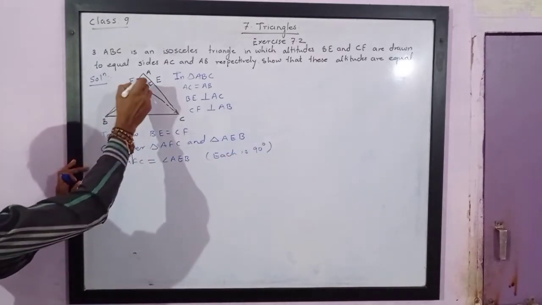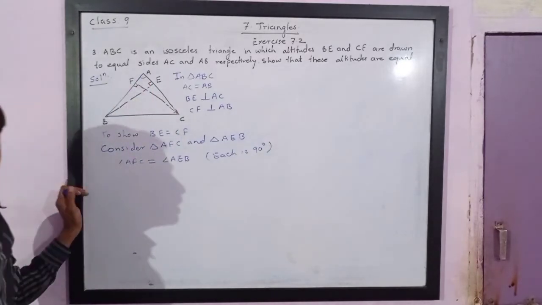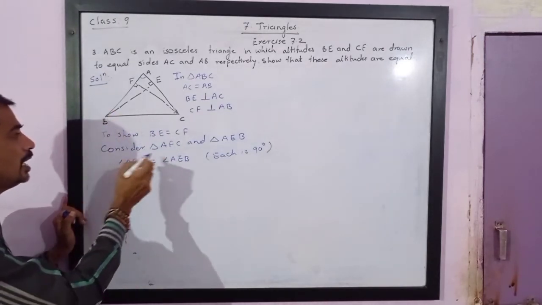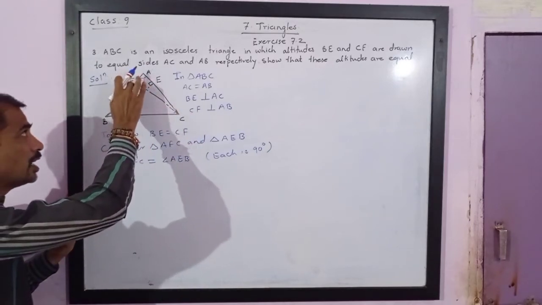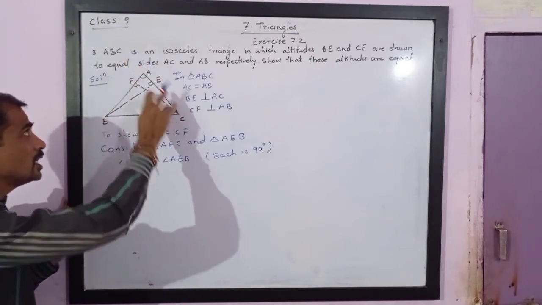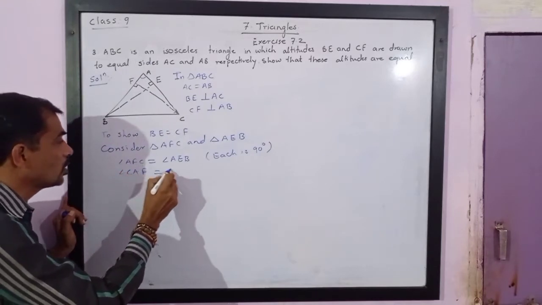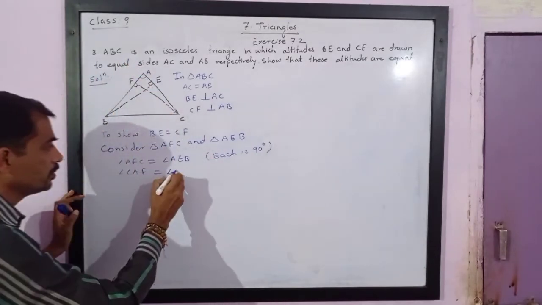Then angle A is common to both the triangles. It means angle A is equal to angle A. So here you can say in triangle AFC, angle CAF is equal to angle BAE.